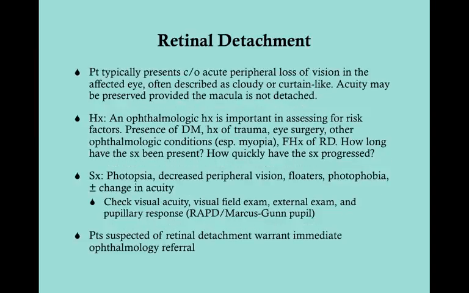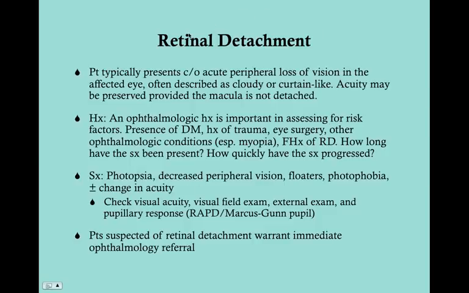The patient with retinal detachment typically presents with an acute peripheral loss of vision, and by peripheral I don't mean lateral, I mean anything in the eye that's not central, that's not what you're focusing on. So if you focus on the screen and look at, say, this H right here, most of the stuff around it is your peripheral vision.